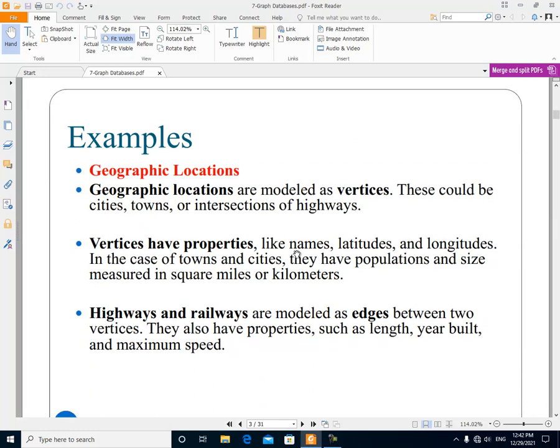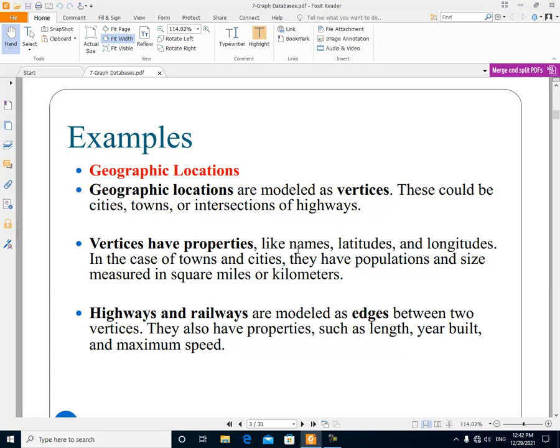One example of this type of data is geographic locations. Geographic locations are modeled as vertices of a graph, and these locations could be cities, towns, or any other location. Each of the vertices has some properties like name, longitude, latitude.